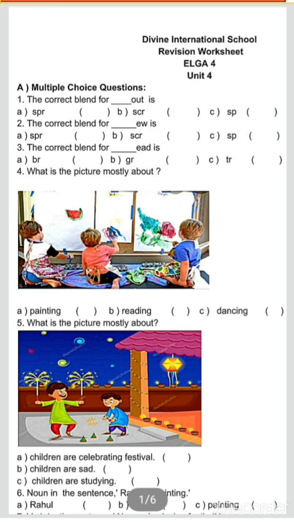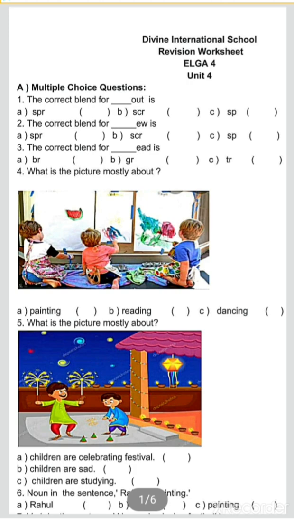Here we will use the spur blend and the word becomes spout. Next, dash EW: spr blend, scr blend or spur blend? So here the scr blend, and the word will become screw.